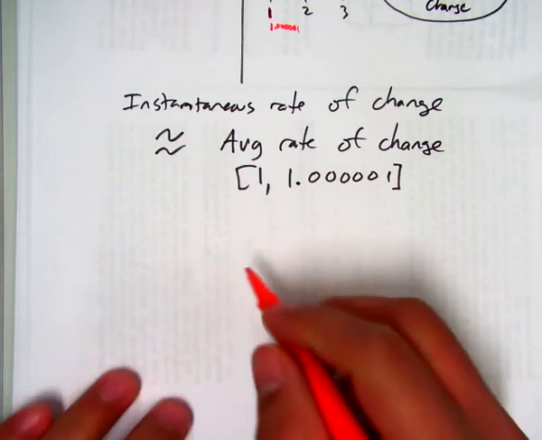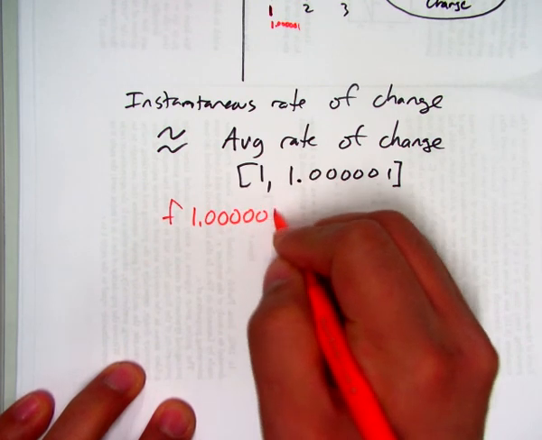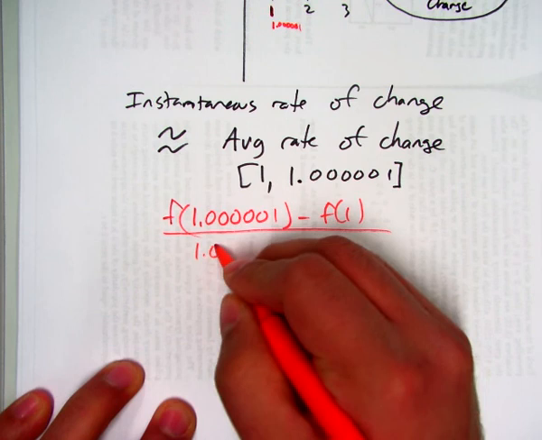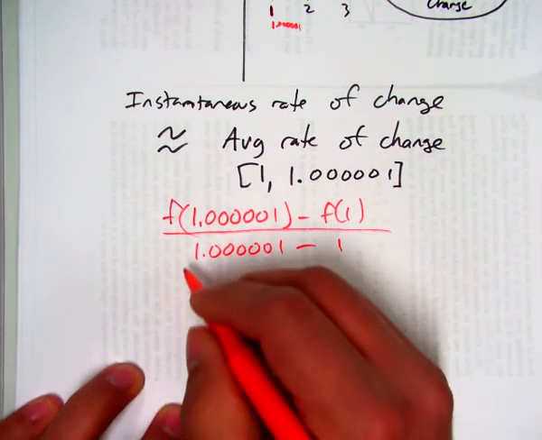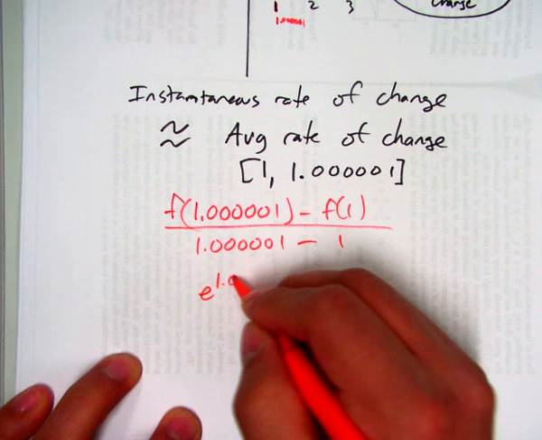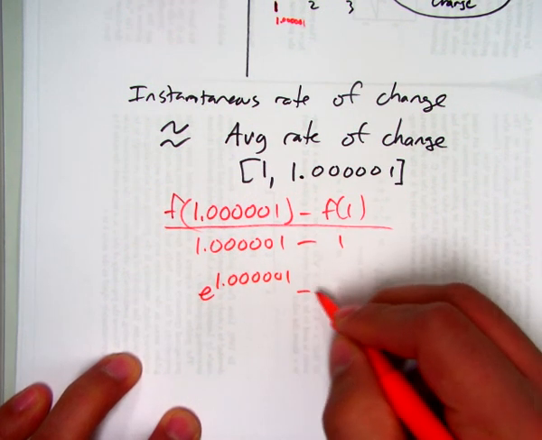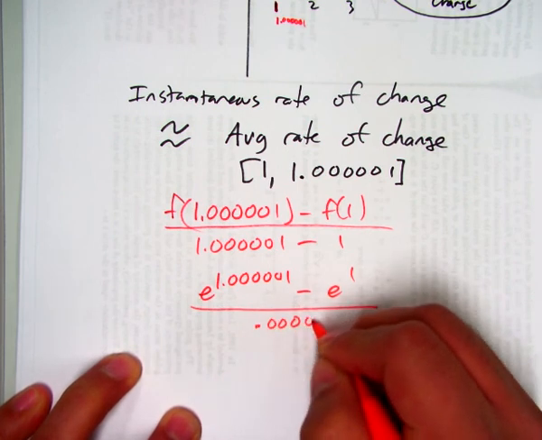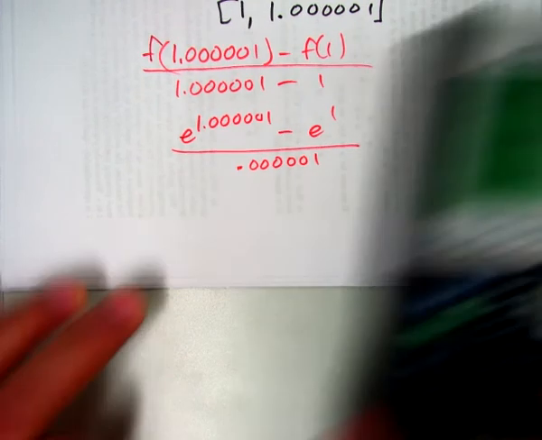We'll use the same average rate of change formula: f of 1.000001 minus f of 1, all over 1.000001 minus 1. So now it's e to the 1.000001 minus e to the 1, over 0.000001.